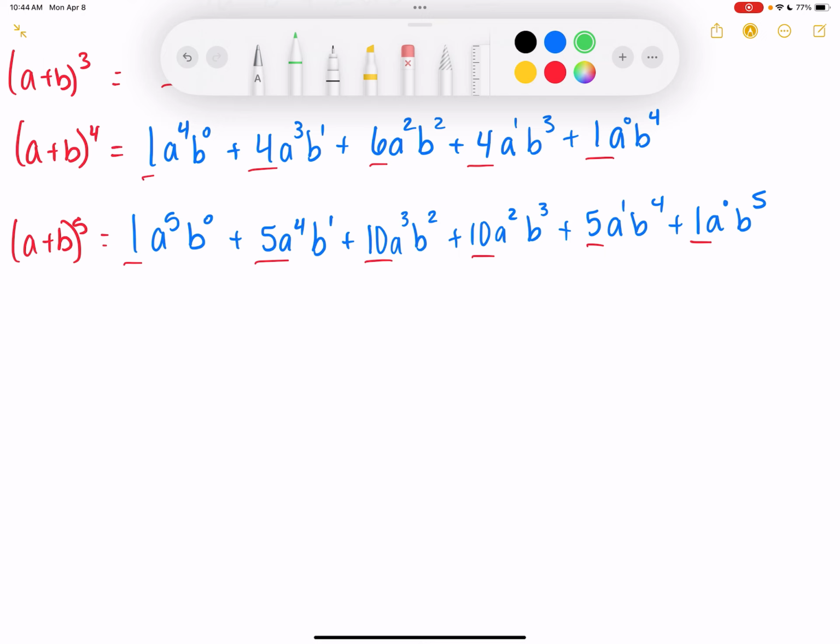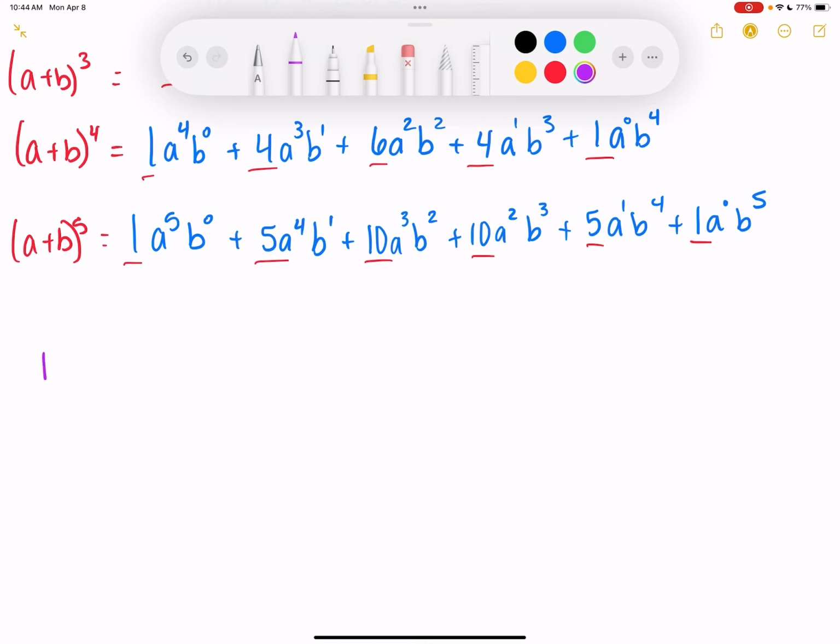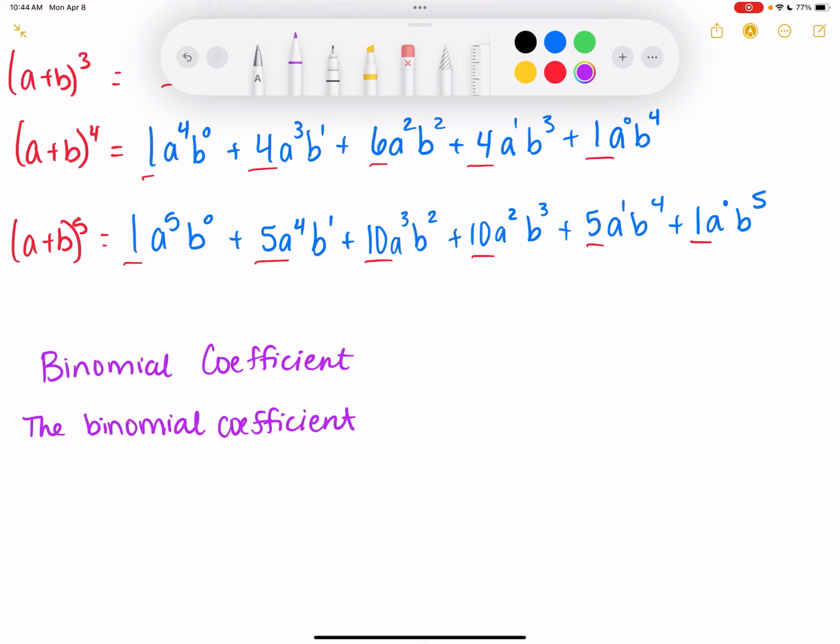So binomial coefficients. I need a different color here. So the binomial coefficient, and I'm not sure that you actually need all of this stuff out of this section, but we're going to go ahead and do it as if we do need it all.